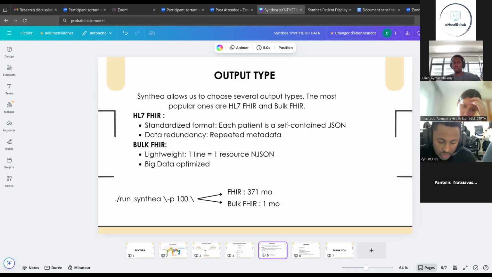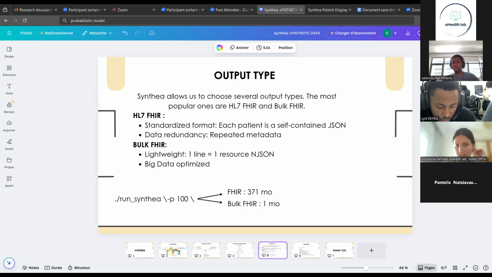That's why they created Bulk FHIR, another type of output that is more optimized for big data. For example, I created 100 patients in Bulk FHIR and it was around 1 MB of storage, but in the regular FHIR, it was 371 MB.